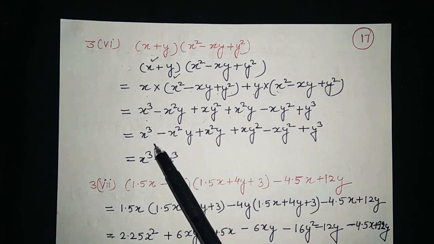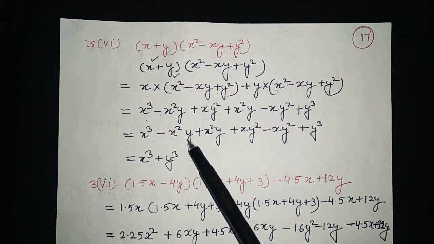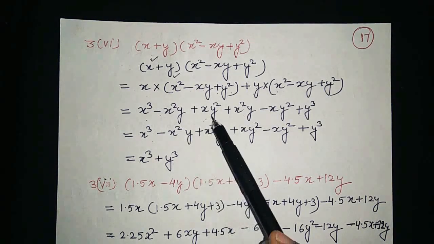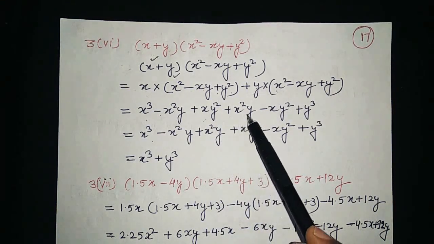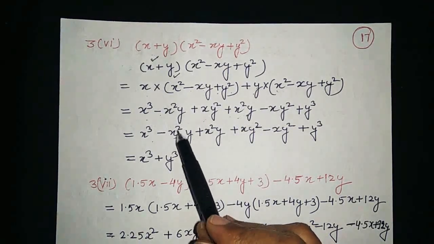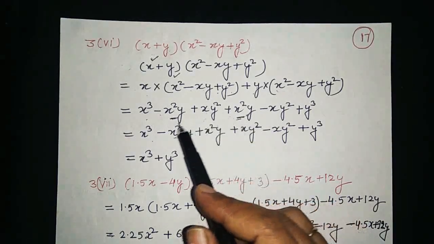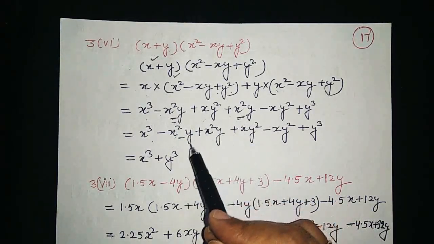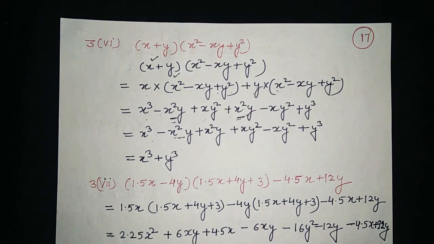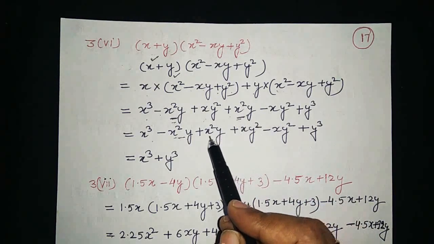See the next step, what we have to do. x³ we will write. We will write this plus x²y after minus x²y. You know why? Because we are collecting like terms here. So after this minus x²y we will write plus x²y.